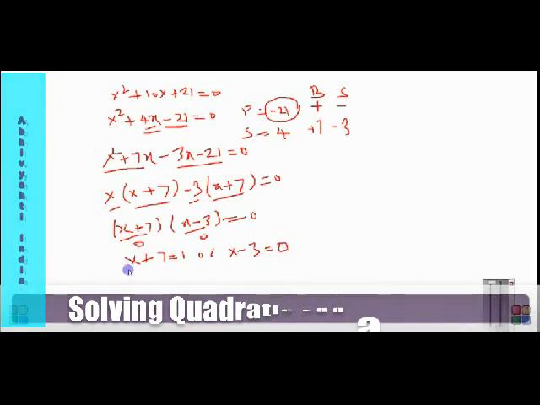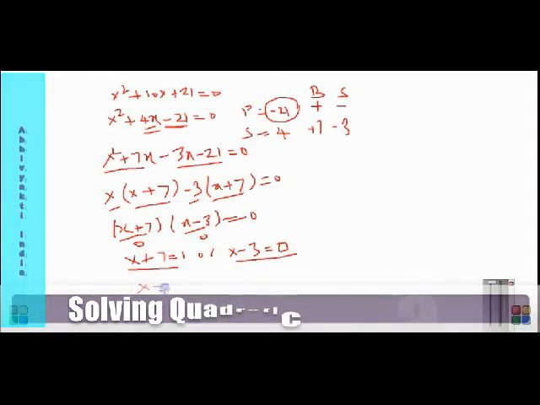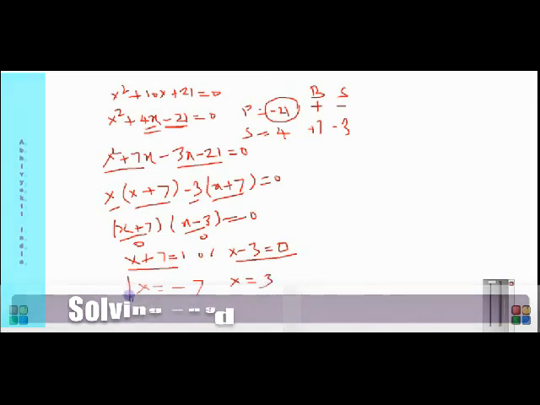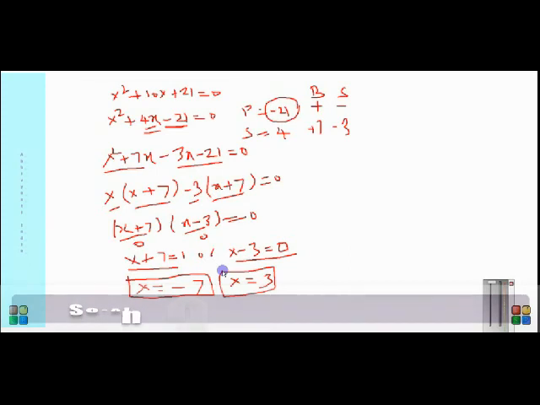Solving these two linear equations, we get x is equal to minus 7 or x is equal to 3. Therefore, the required roots of the given quadratic equation are x is equal to minus 7 or x is equal to 3.